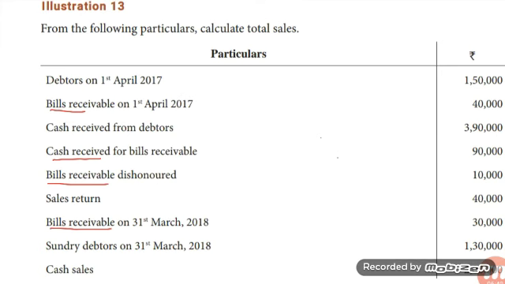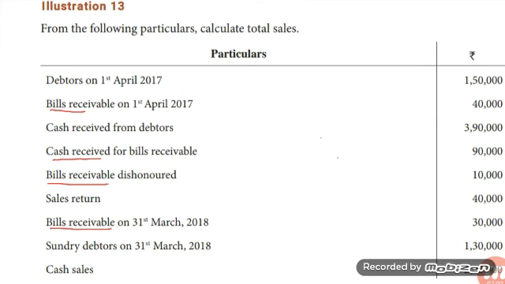First enter the opening balance. What is the opening balance? Bills receivable on 1st April 2017 is the opening balance. Enter as to balance brought down 40,000. Then enter all other items on the opposite side.